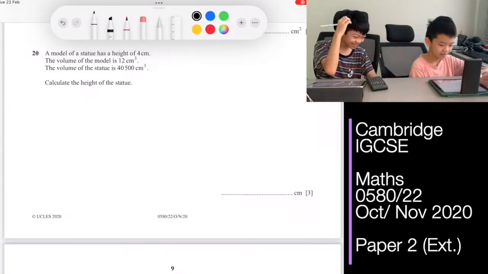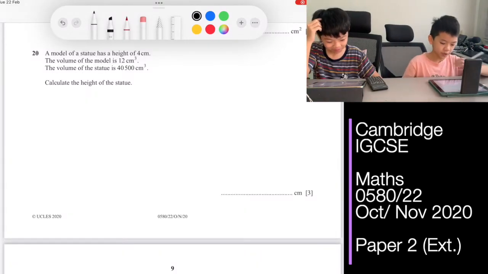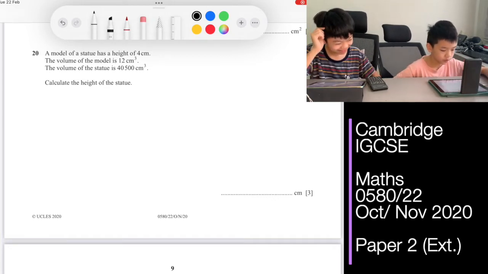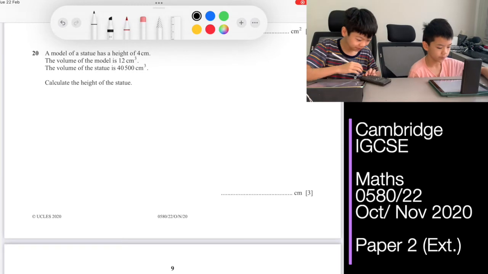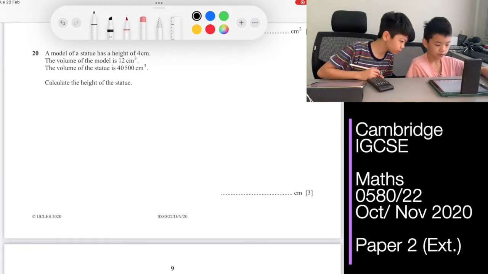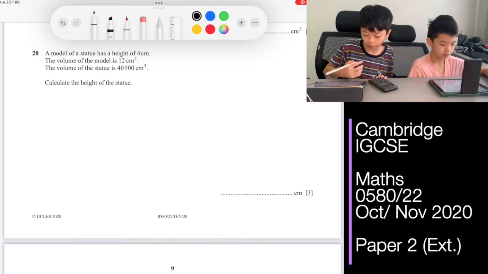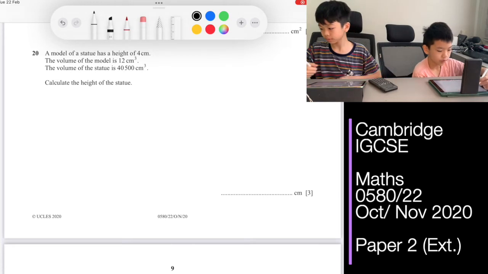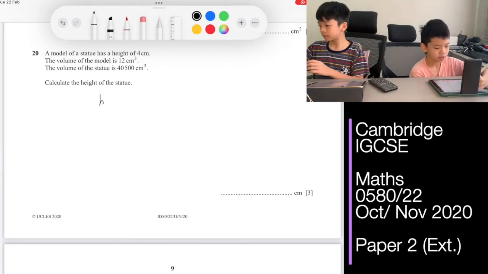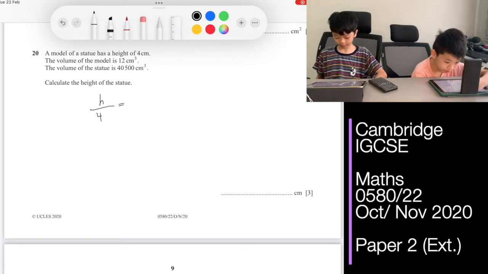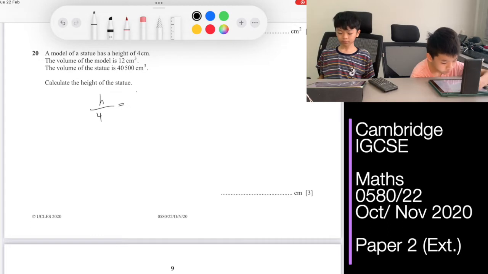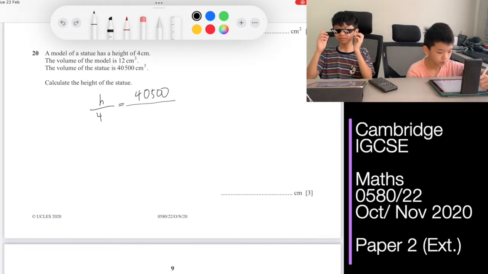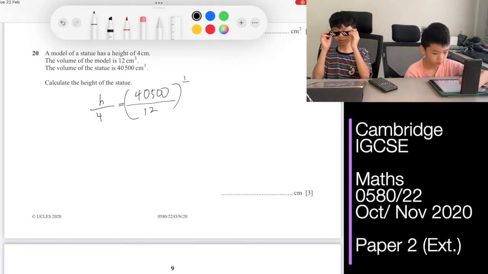Okay. Question 20. A model of a statue has a height of 4 centimeters. The volume of the model is 12 cubic centimeters. The volume of the actual statue is 40,500 cubic centimeters. Calculate the height of the statue. Height h over 4 equals 40500 over 12, because it's big over small, to the power of 1/3.